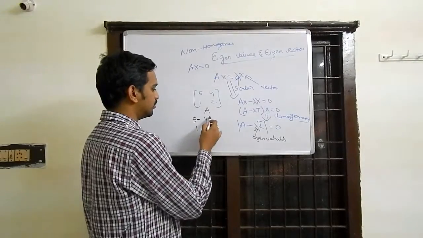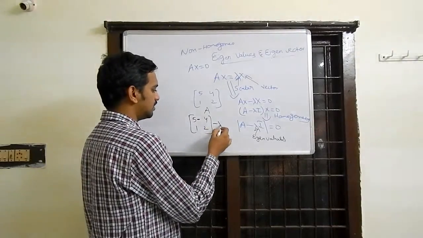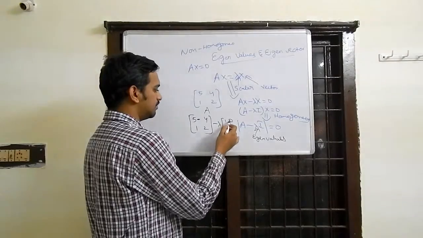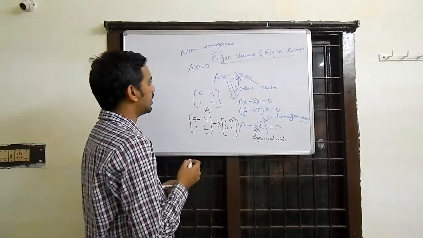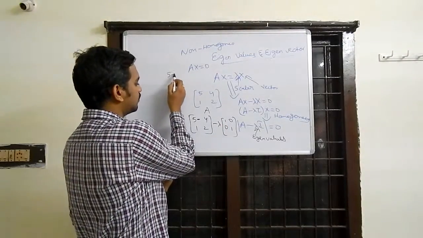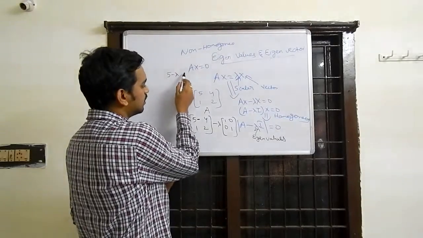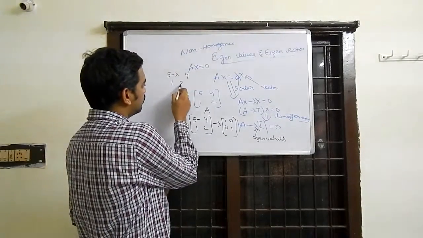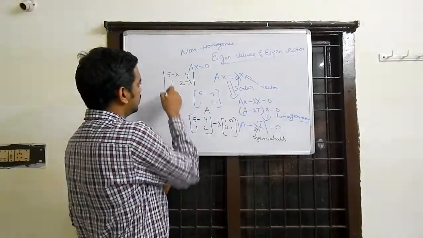The matrix 5, 4, 1, 2 minus lambda times the identity matrix. I is nothing but the identity matrix, so that gives 5 minus lambda, 4, 1, 2 minus lambda.